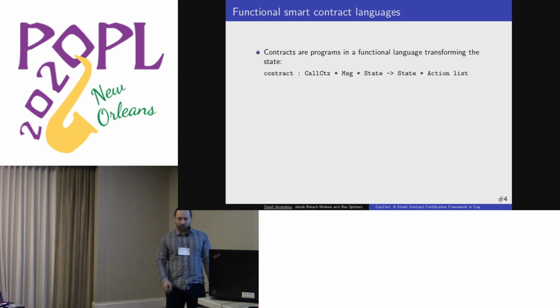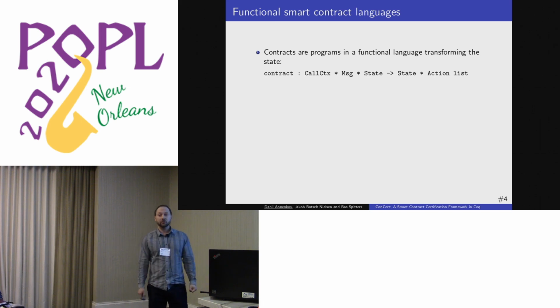So we would like to focus on a subset of smart contract languages, specifically those employing the functional programming paradigm. In this case, you can see a contract as a pure function, roughly with this signature.